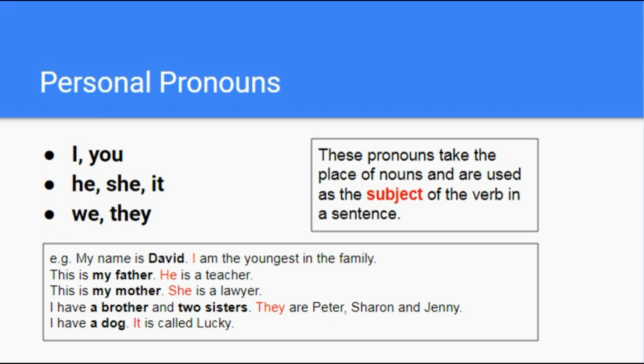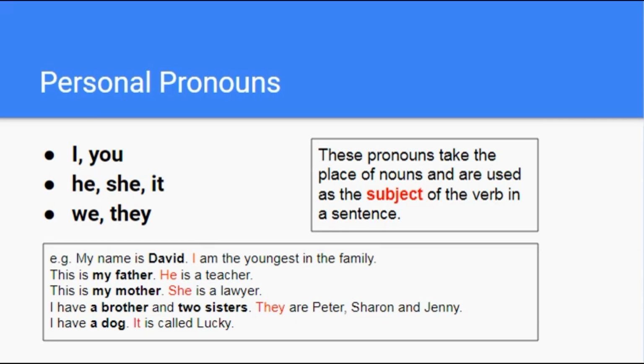I am the youngest in the family. Now in this example, David is a noun. It's a proper noun, as we discussed in the last lecture. And instead of using that noun again in the next sentence, we have used a personal pronoun, which is I, so that we need not repeat the name in the next sentence.